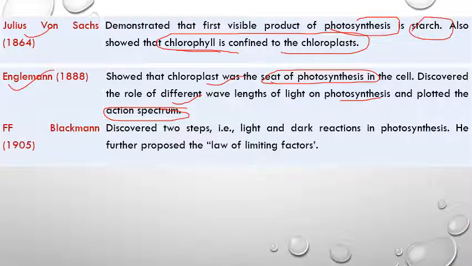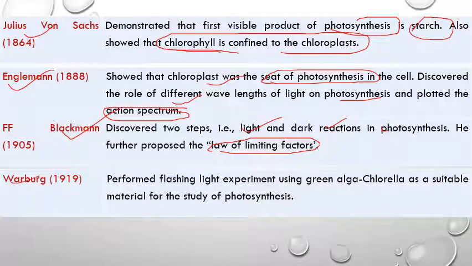Then there was the scientist Blackman, who discovered two steps, that is light reaction and dark reaction. So photosynthesis occurs in these two steps: light dependent reactions and light independent reactions, also known as dark reactions. He further proposed the law of limiting factors that we will again discuss in the next lecture.